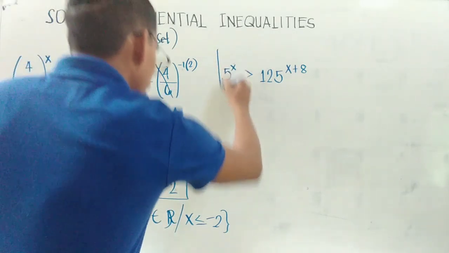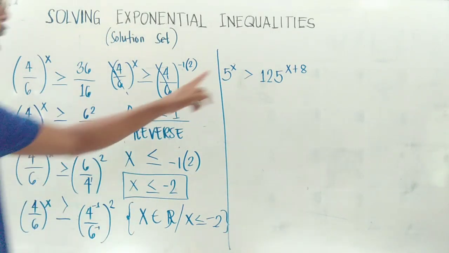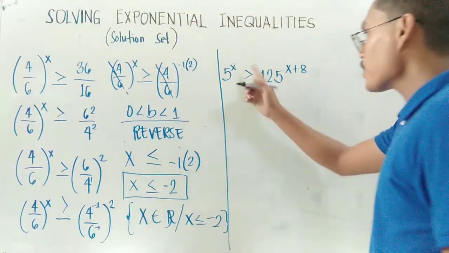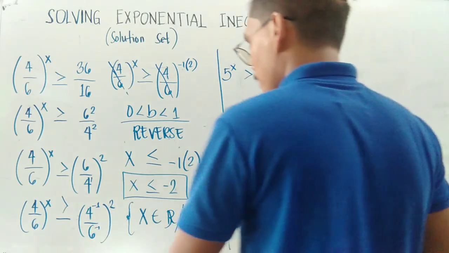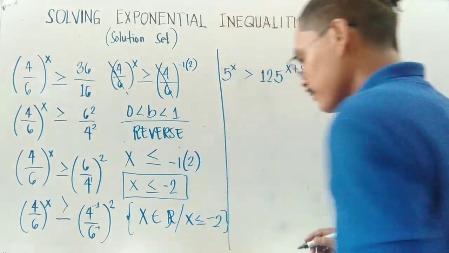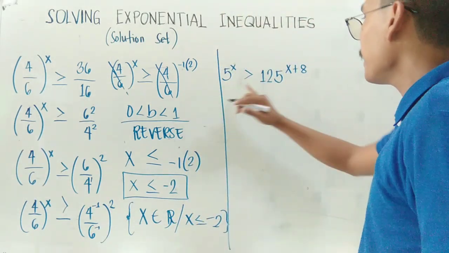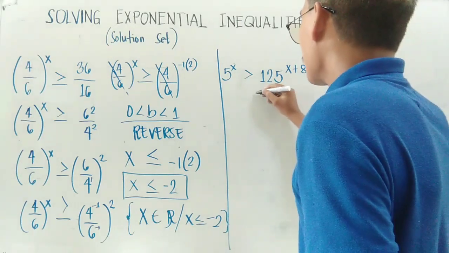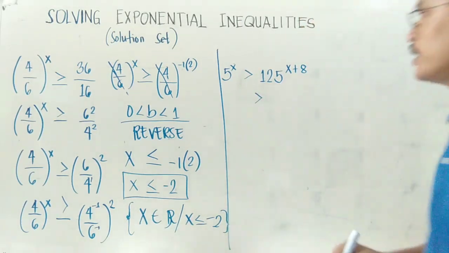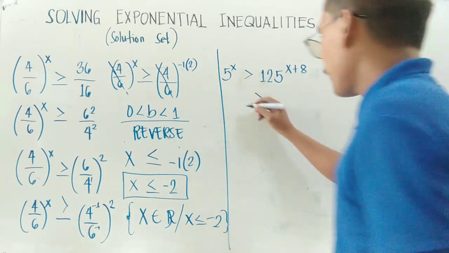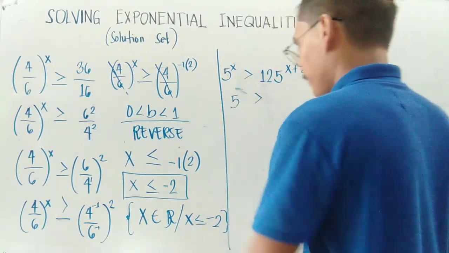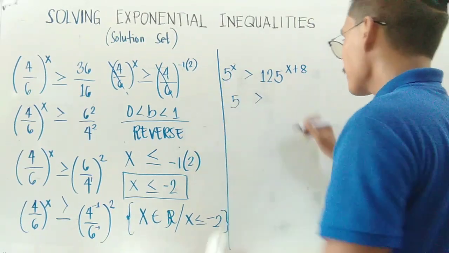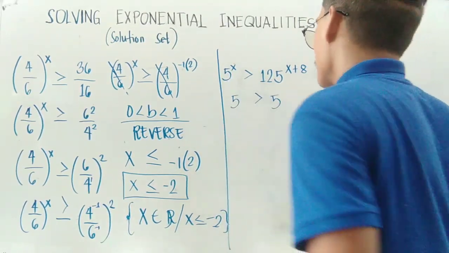We have 5 raised to x is greater than 125 raised to x plus 8. Okay? So between 5 and 125 as the bases of your exponential inequality, we will follow 5. Or let us first identify the base.